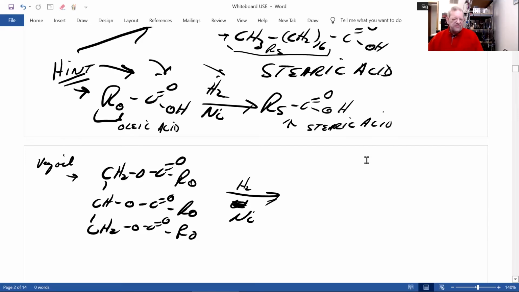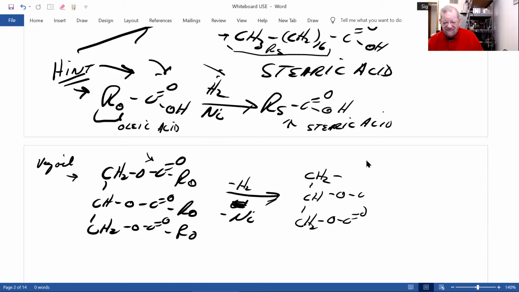Let's do this. All right, what does this do? Hydrogen and a catalyst will not react with an ester. This is the beauty of functional group chemistry. If it's not going to react, it's not going to react. So I have my esters here.